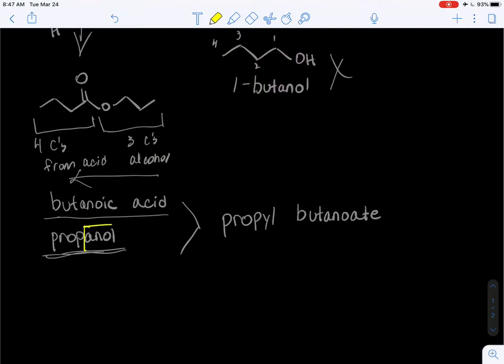So you take the ending of the alcohol, as well as the AN part of the alkane. So you take prop, and then you add yl to that. And then butanoic acid becomes butanoate. So you take that ic acid and you throw it away again, and you add ate. All right.